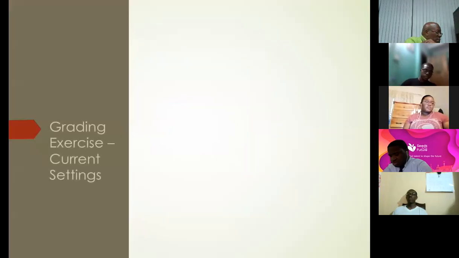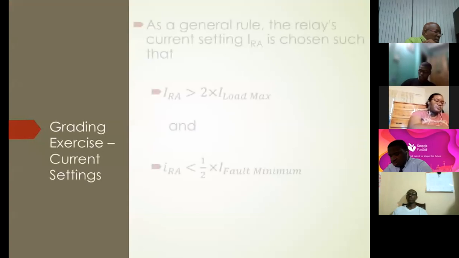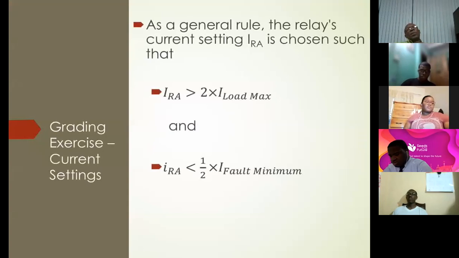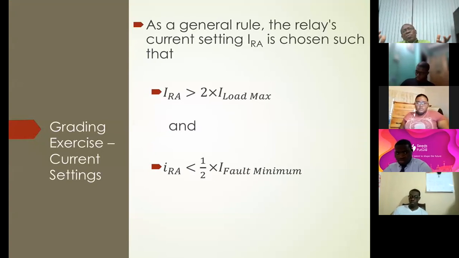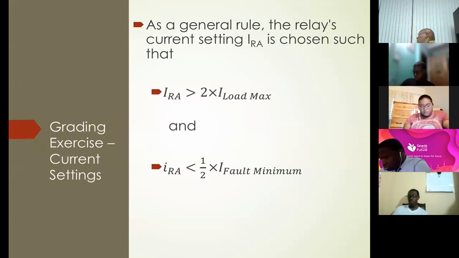So the rule of thumb I'm going to give you. In terms of our setting, we said that we would have used the plug setting just above the load. And when we were doing the evaluation of our CT selection, we worked out the percentage above load.